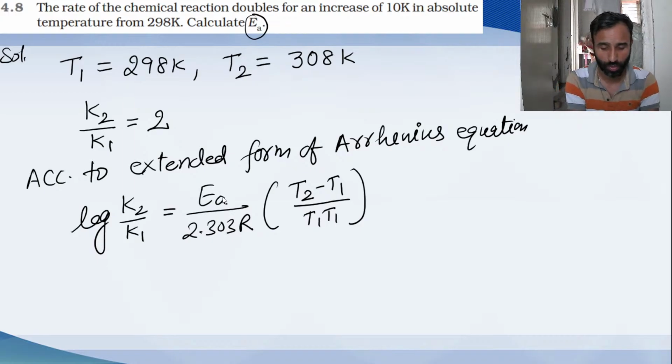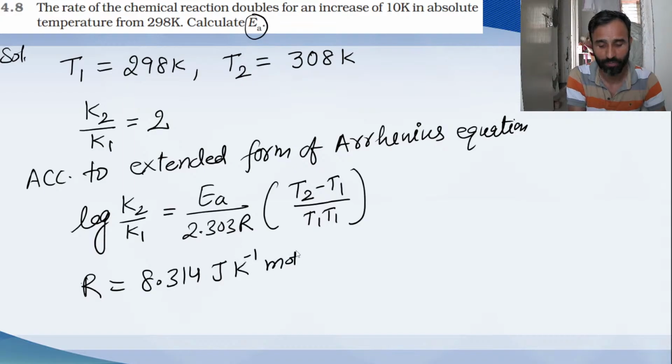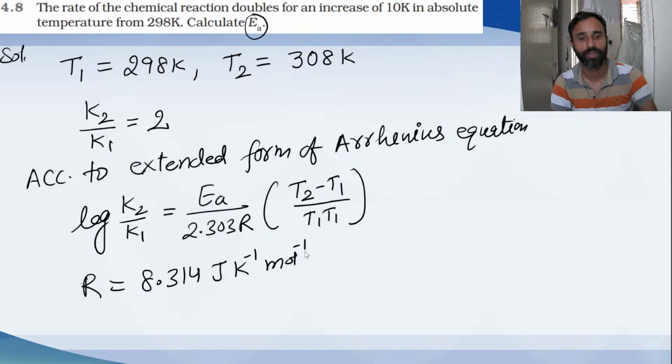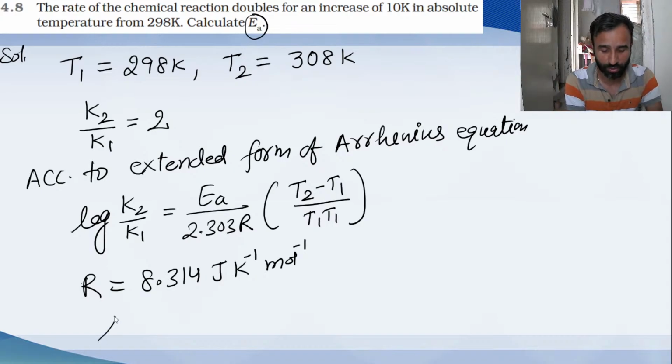So from here, K2 by K1 we have, T1, T2 we have. What is left? R. So the value of R is 8.314 joule per Kelvin per mole. Just put the values.